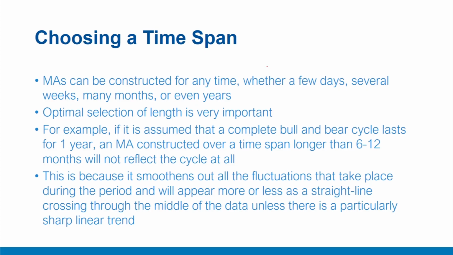For example, if your bull run is like this over a 4-year period and you construct a moving average for this complete 4 years, let's say 48 months, you get a straight line. So the moving average is not useful at all. This is because it smoothes out all such fluctuations that take place during the period, and it will become more or less like a straight line if my average is for the complete 4 years.